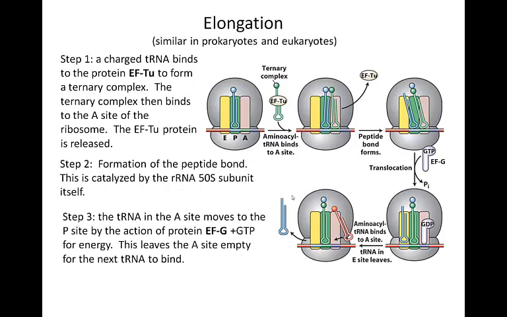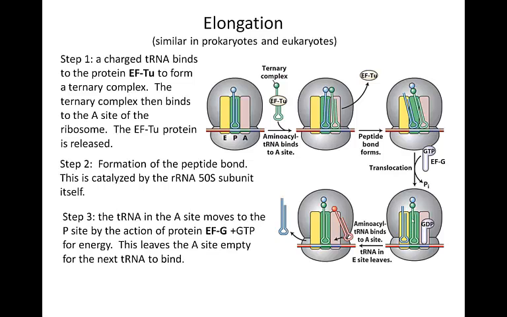The next step that happens is everything ratchets over. We've got these two transfer RNAs. They're both going to slide over, and that ratcheting is accomplished by the action of a protein called EFG. This uses energy, uses GTP, and the hydrolysis of a GTP is what provides the energy.